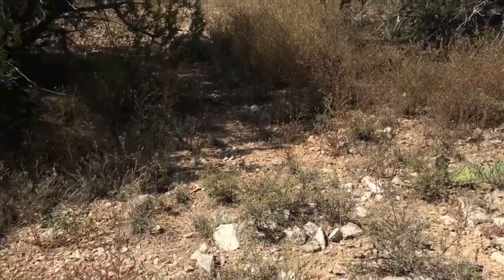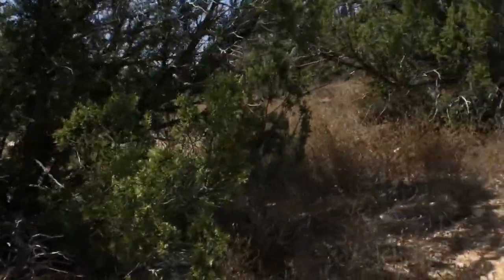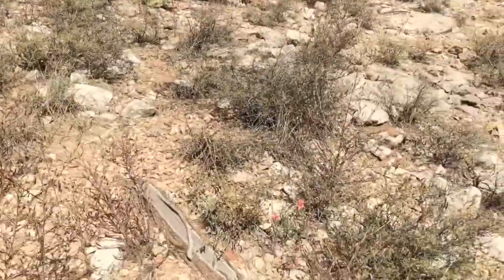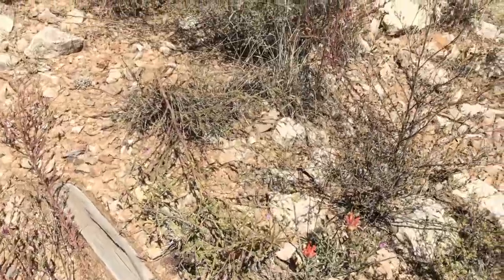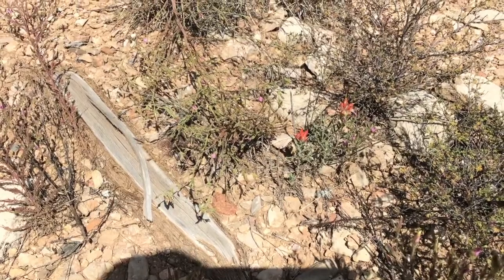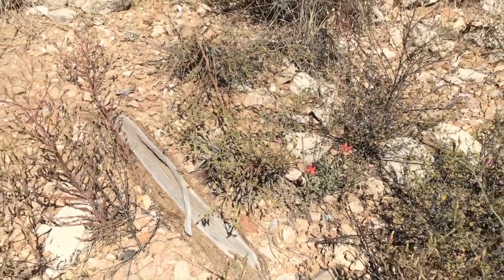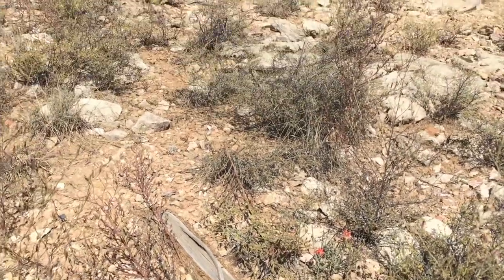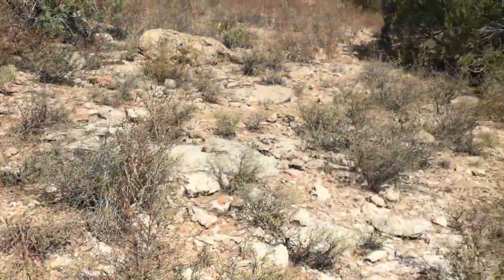Let me backtrack a little. There it is. And like all the other plants in that family, it too is parasitic. That's that one there with the red flowers. It's a hemiparasite, and quite frequently it's a hemiparasite on grasses as well. Genus is Castilleja. Species, don't know. There's quite a few species in that genus.